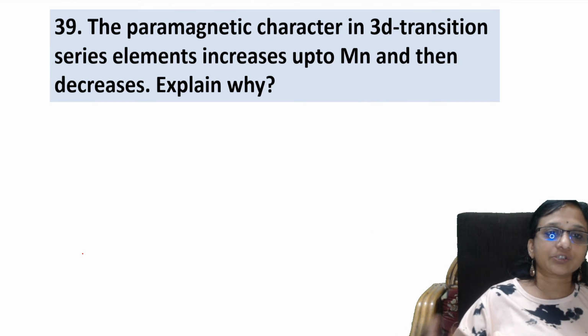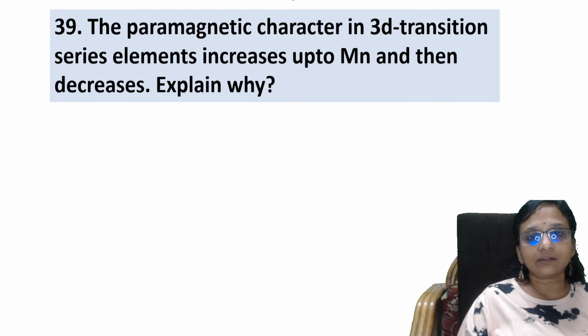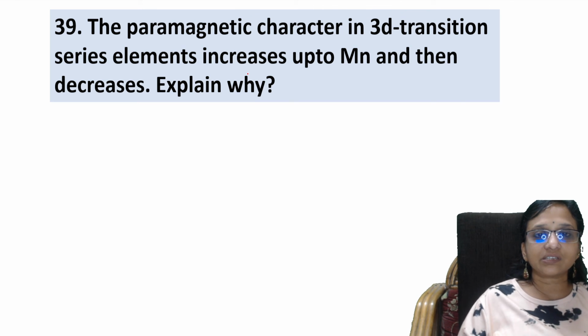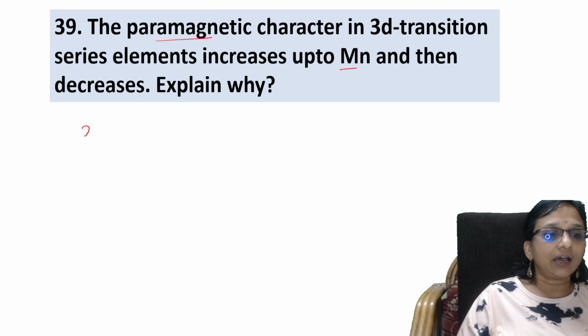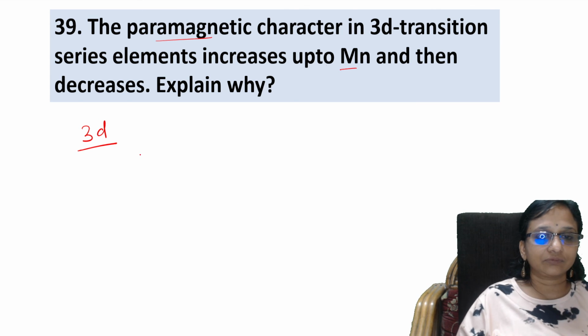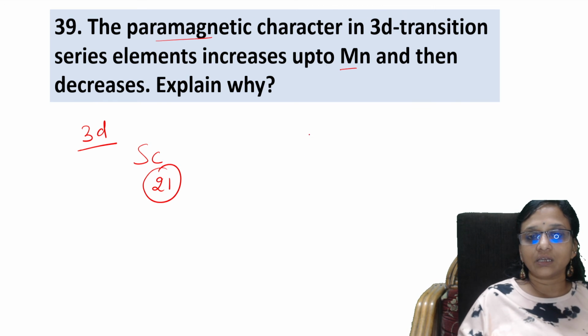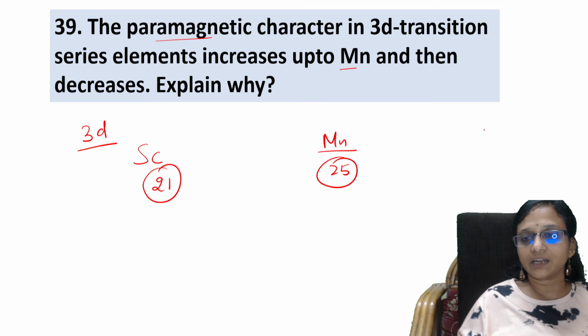Done. Next question. The paramagnetic character in 3d series elements increases up to manganese and then decreases. So paramagnetic character increases. Now see, students, I'm taking the 3d series. It starts with scandium, atomic number 21. It reaches manganese, atomic number 25, and then it ends at zinc, atomic number 30.